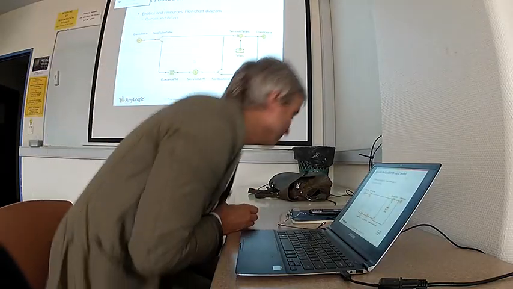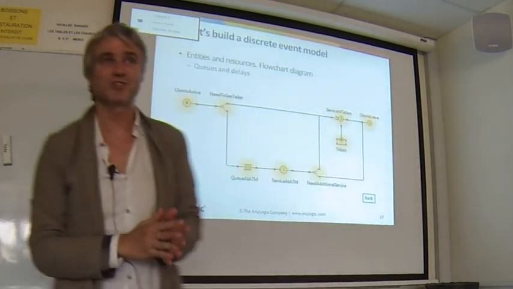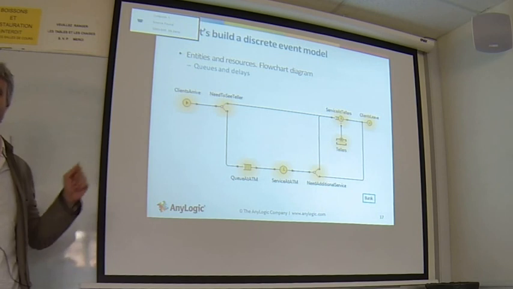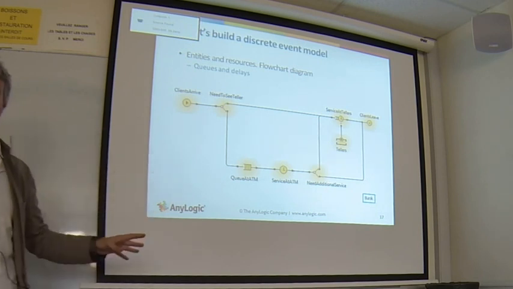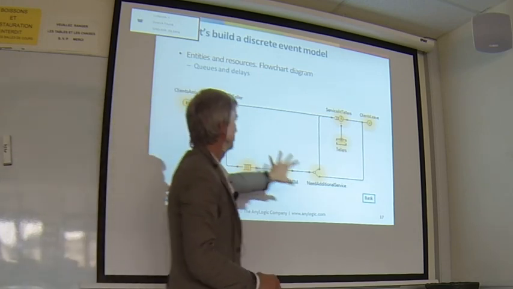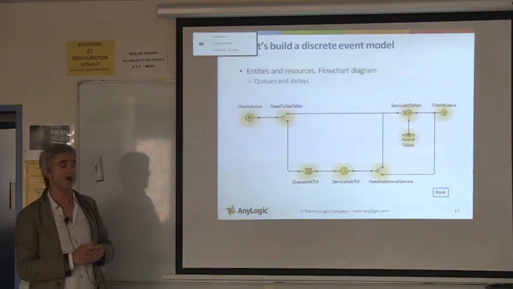Discrete event modeling. As I already said, in discrete event modeling, the whole idea is to map whatever is happening in the real world into a process, a sequence of operations that are performed over entities.